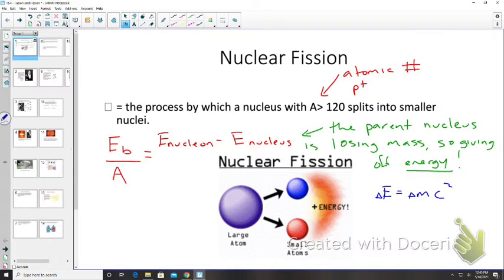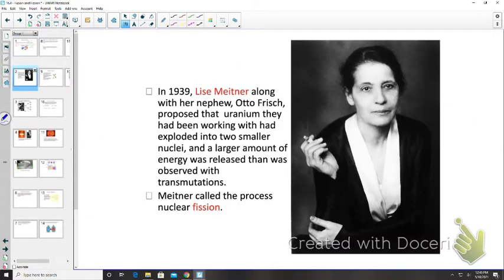All right, so the year is 1939, and Lise Meitner, I don't know the pronunciation for that, I apologize. But anyway, she and her nephew observed uranium splitting into two smaller nuclei. And this process released more energy than when radioactive nuclei decay through transmutations.